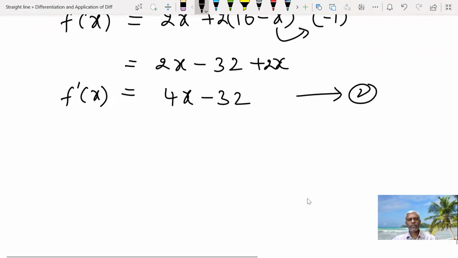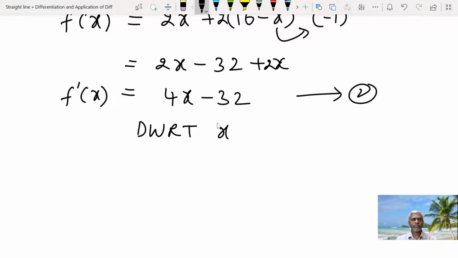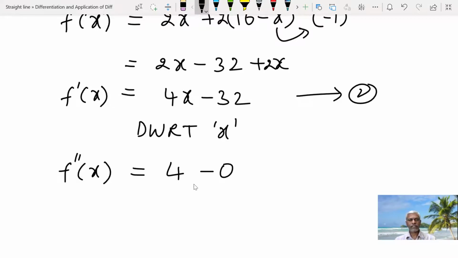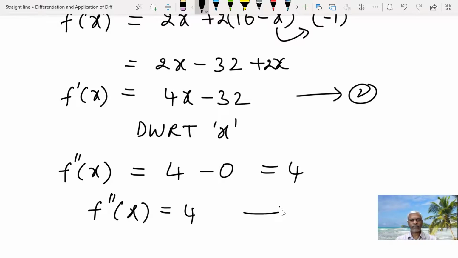This becomes 0. Again differentiating with respect to x, that is f double dash: 4x differentiation is 4, 32 differentiation is 0. That is 4. f double dash x is 4.